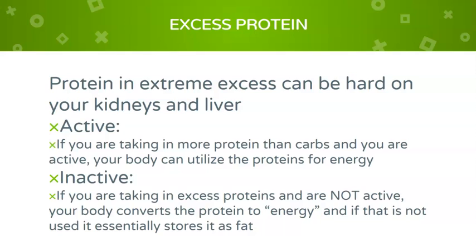Okay, excess protein. I am not particularly in favor of the ketogenic diet as a long-lasting diet. Ketosis is when the body is almost completely fueled by fat, so there's very limited access to glucose, to blood sugars. It occurs when a person is on a really strict low carbohydrate diet.